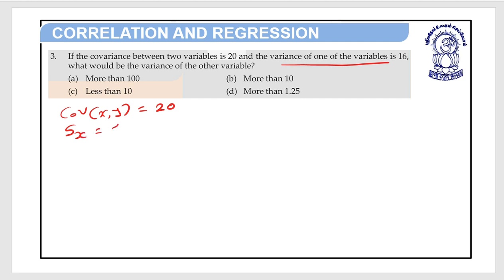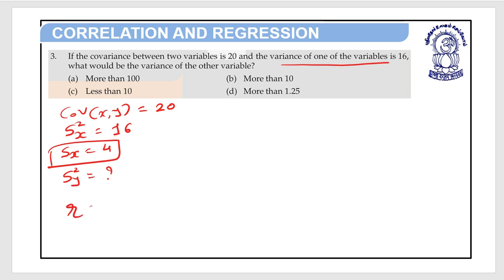You can write s square x is equal to 16, so sx is equal to 4. What would be the variance of the other variable? s square y, you have to find out.